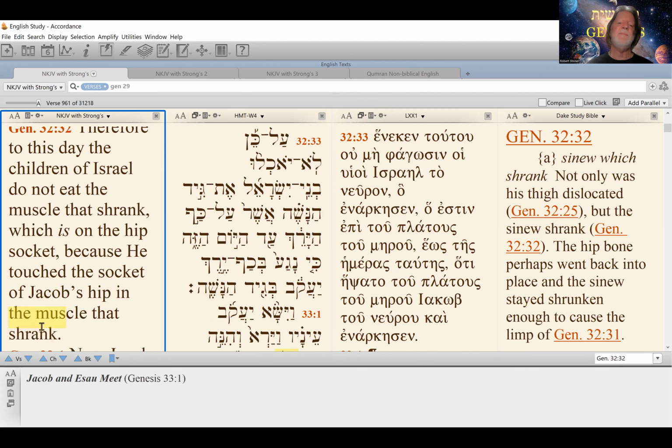Now, this does not mean that Israelites eat people. Yes, I know it was Yaakov's human hip that was put out of joint, and because of the dislocation, probably the muscle shrank around it, which probably caused it to be out of joint for the rest of his life.